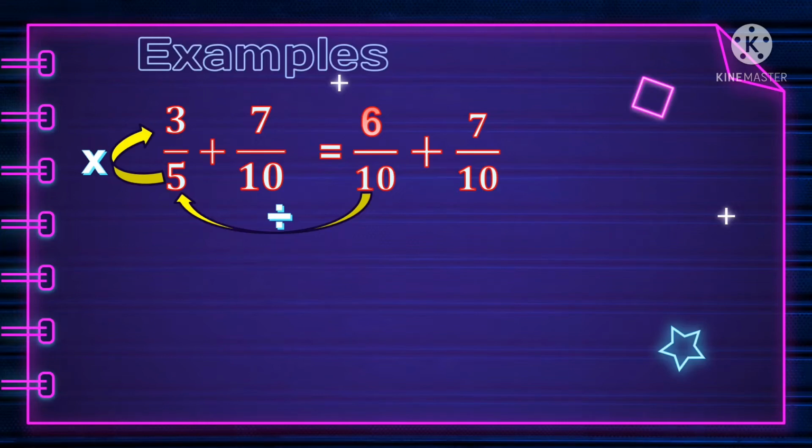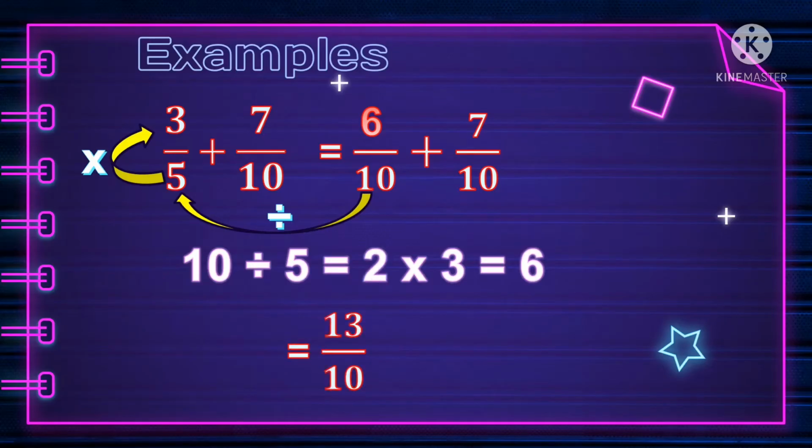So again, paano yung rule? We will just add the numerator and copy the same denominator. So 6 plus 7 is 13. Then copy the same denominator, which is 10. So 13 over 10. Ang 13 over 10 is an example of improper fractions. So, improper fraction siya kasi mas malaki ang numerator kaysa sa denominator.